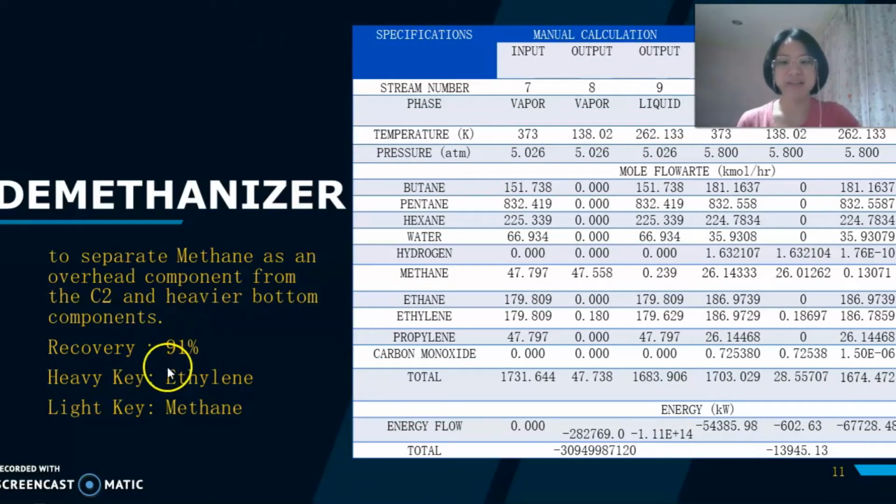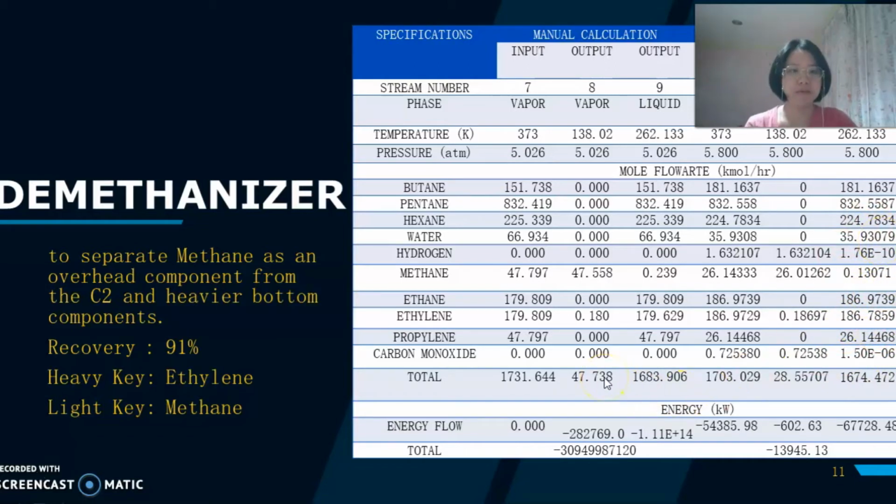The recovery is 91%, and the pressure, temperature as well as the material balance are okay. Just like what I said in the previous example, some of the components such as hydrogen and carbon monoxide are considered negligible because they are too little. You can see from the example here, the flow rate is too little, so we don't consider them.